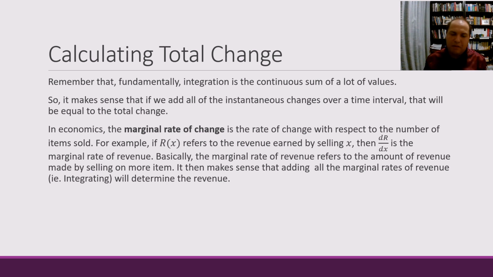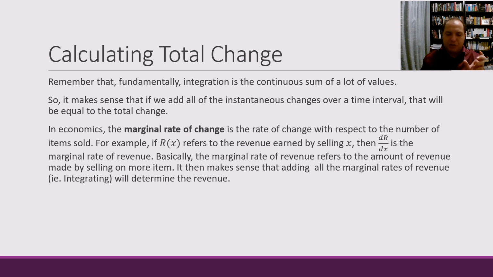Alright, so the big thing to remember is that fundamentally integration is about adding a whole lot of values. That's what the S was for. It was a sum of an infinite number of areas all added together. Now, when we are anti-differentiating, we might be adding all of these very, very small rates of change.